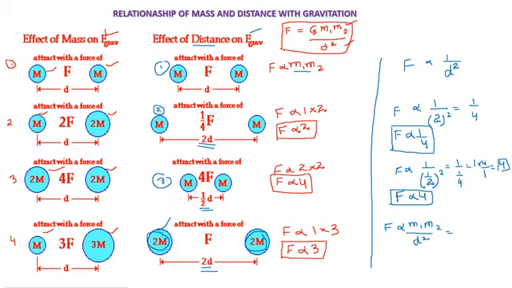If the mass has doubled, that means 2 into 2, and the distance is also double, that is 2 square. So I am getting 4 in the numerator and 4 in the denominator. 4 divided by 4 is 1. So it means there is no change in the force.